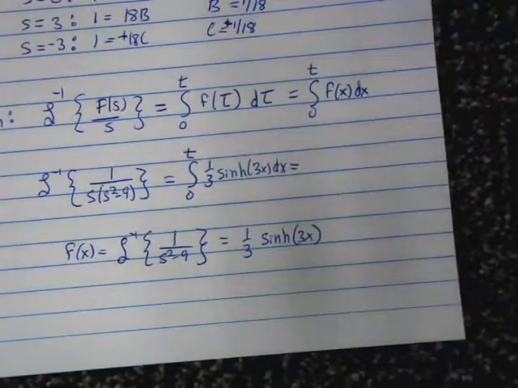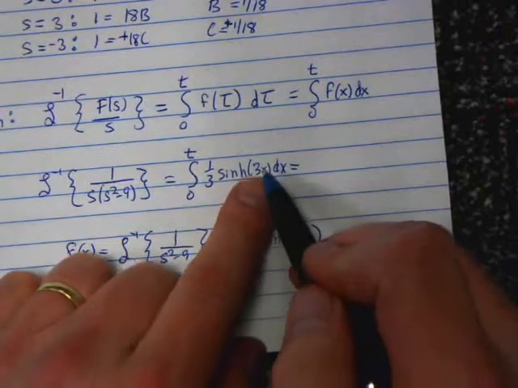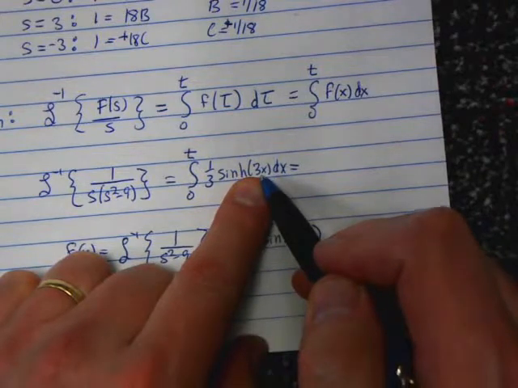What's the integral of hyperbolic sine? It's been a while. What's the integral of sine? Negative cosine. What's the integral of hyperbolic sine? The hyperbolics are even nicer. There's no minus sign. But we got a 3 here, so we're going to have to divide by another 3.